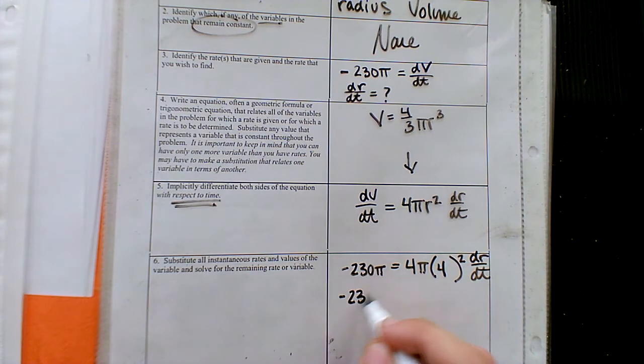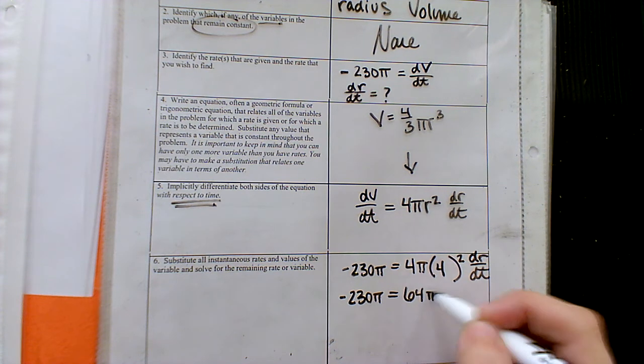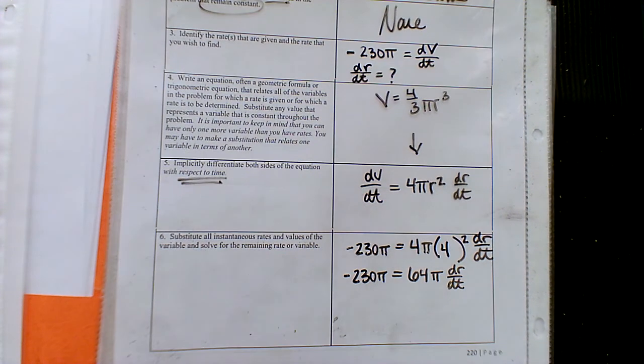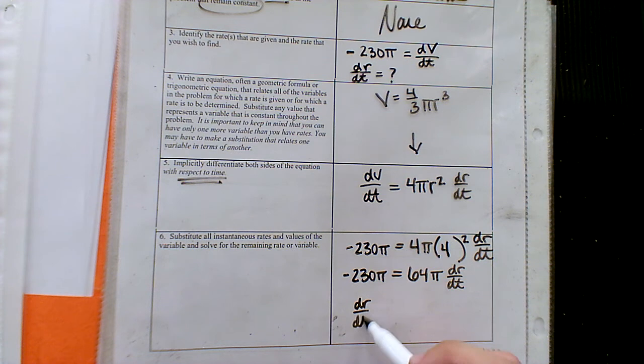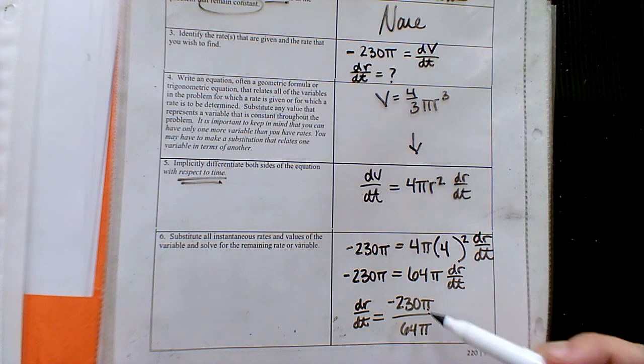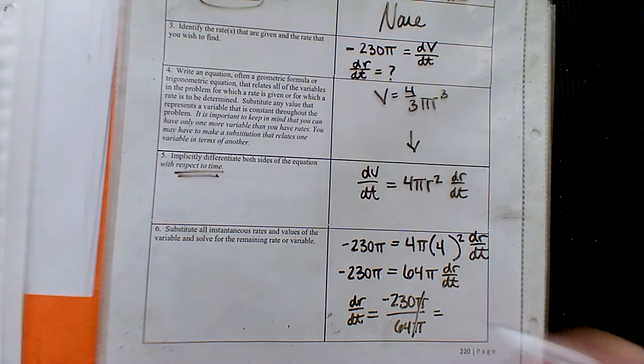Probably. Negative 230 pi equals 4 squared is 16 times 4 is 64 pi dr over dt. So dr over dt equals negative 230 pi over 64 pi. Pi's would cancel. Can someone get us a decimal? Do you have a calculator?